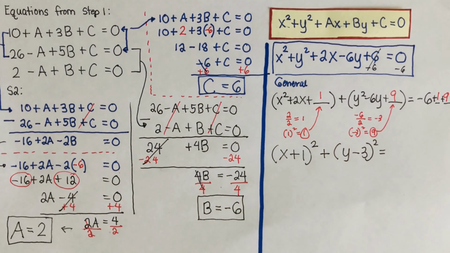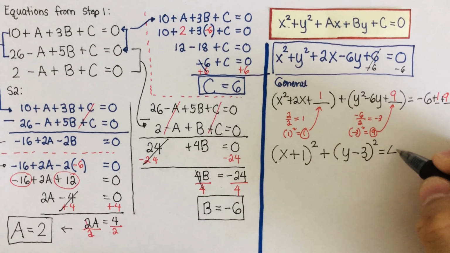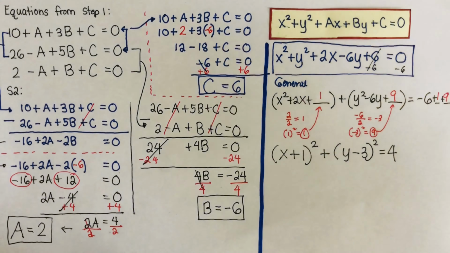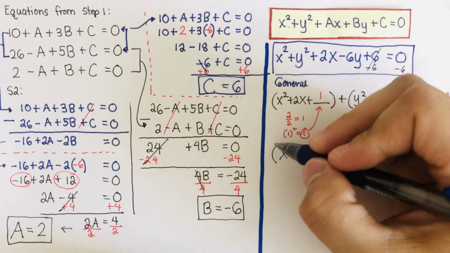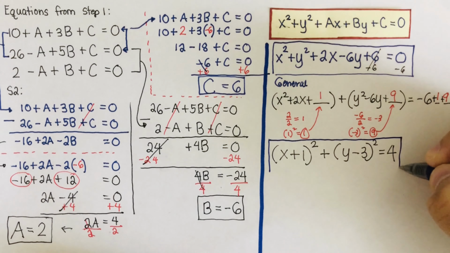So that would be a 4. So this comes out to be 4. So pretty much this is the standard form or the graphing form of the circle.